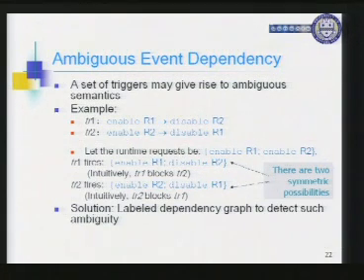Similarly, if you take enable R2 first from the runtime request set, then you fire TR2 first, and include disable R1, which is on the right side of the trigger. But once you do that, you cannot fire TR1. So based on which one you choose to fire first, you have two different sets of valid events you can compose.